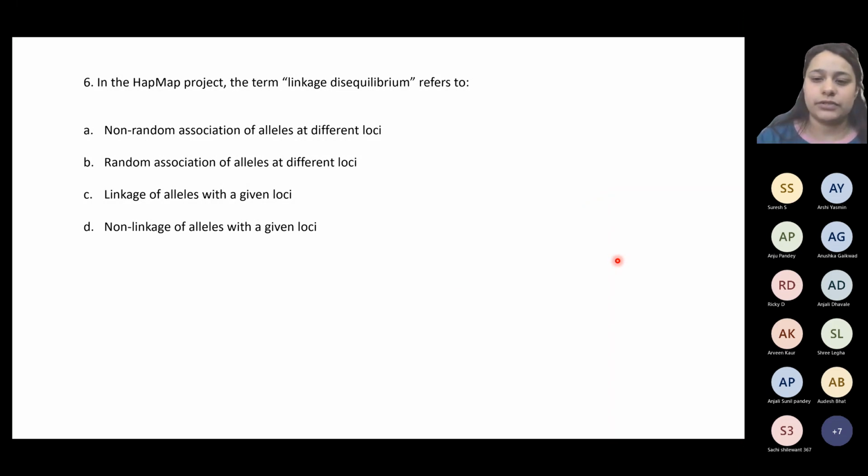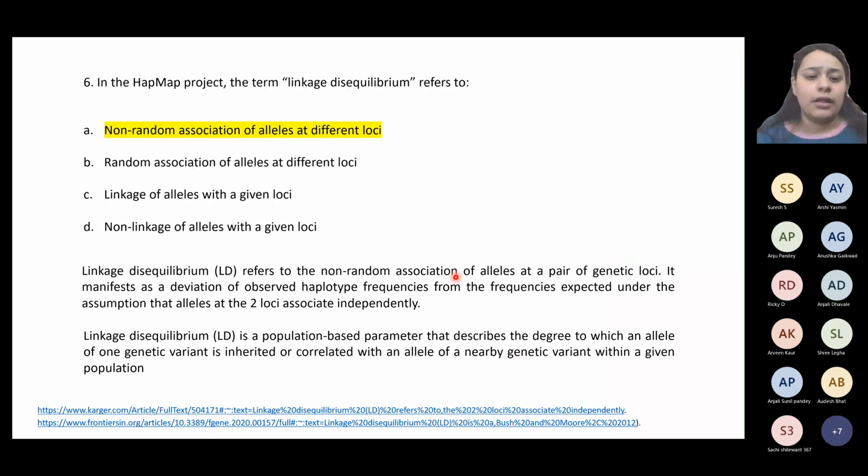Okay, so the solution for this particular question is the first one, right? Linkage disequilibrium means that there is a non-random association of alleles at different loci. Do you remember Mendelian genetics? In Mendelian genetics, the association between alleles at different loci is basically random, right?